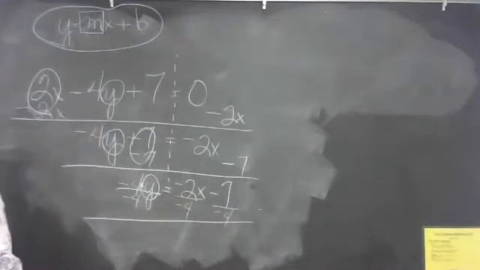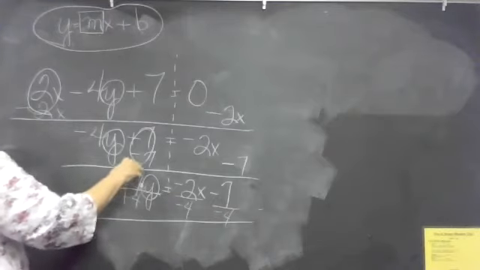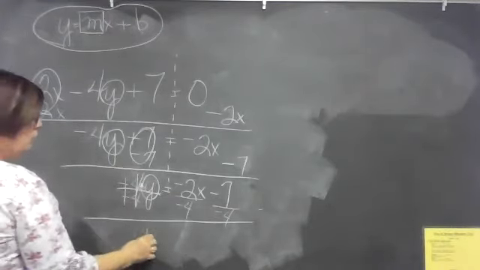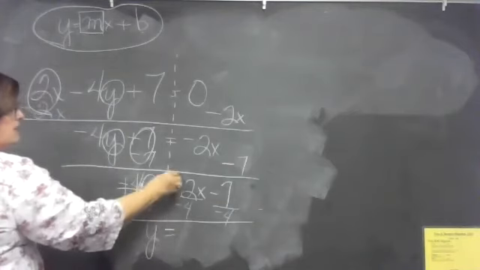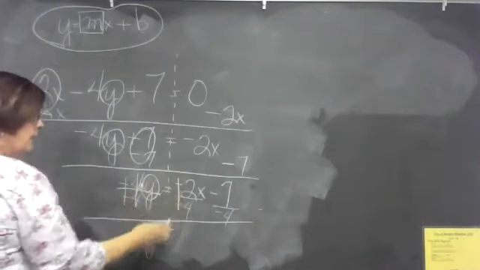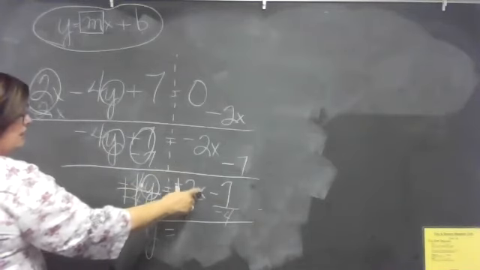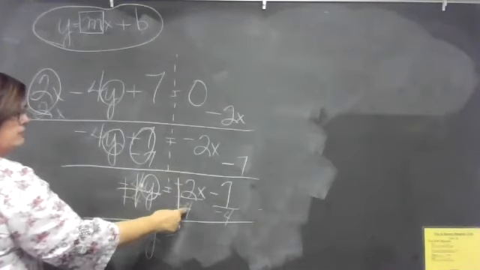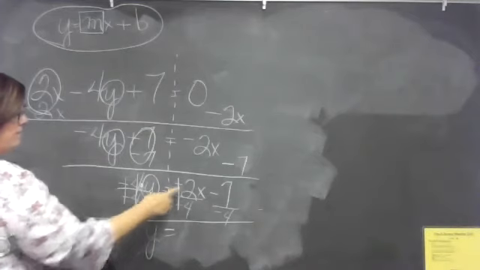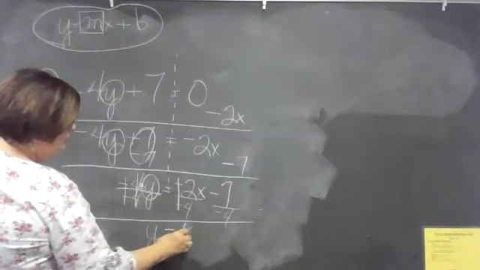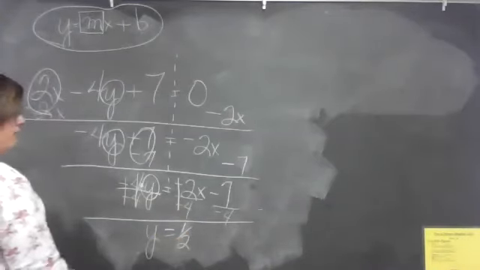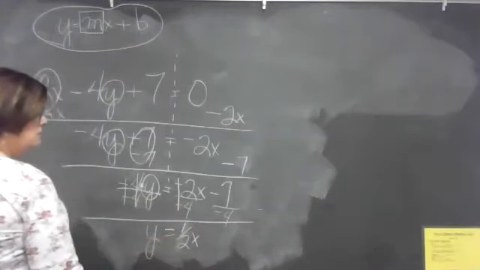So now the negatives cancel, the 4s cancel, and I'm left with 1y, which is exactly what I want. The negatives cancel, and I have 2/4 x. Will 2/4 simplify? Yes. Okay, divided top and bottom by 2, which gives me 1/2 x.